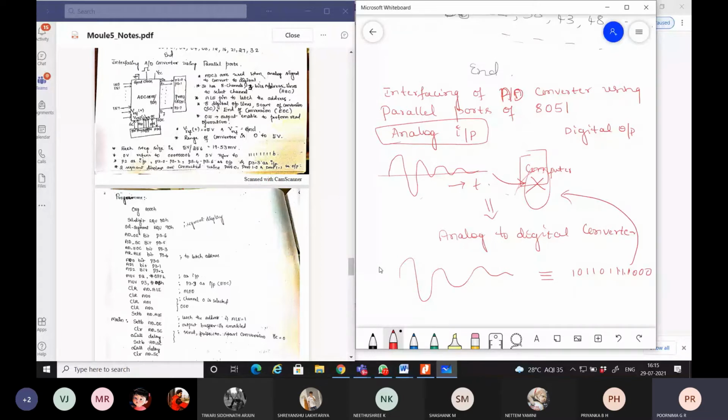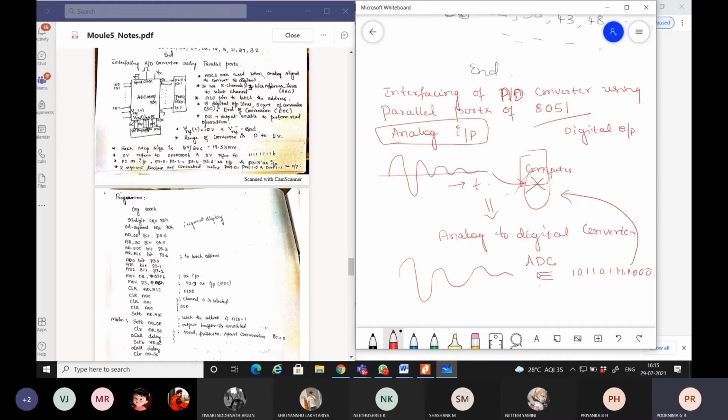So whenever any data or real-time application needs to be understood by the 8051 controller, what is required here? We require an analog to digital converter.